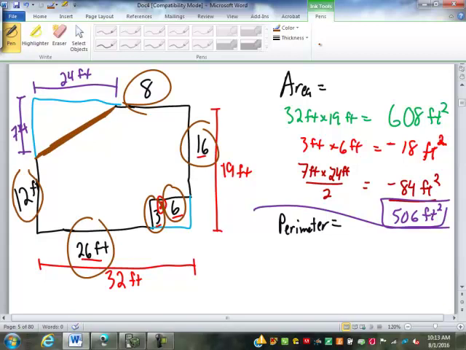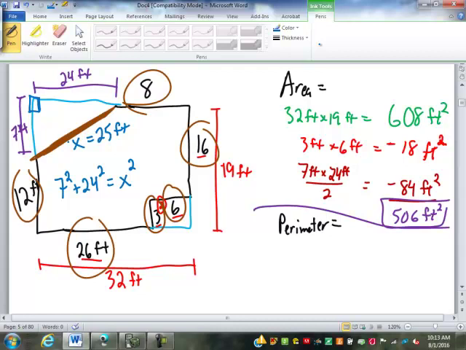But now that we've drawn in that blue triangle, we can find this length. If I call that x, this would be a right angle here. It's just going to be 7 squared plus 24 squared equals x squared. And x would come out to be 25 feet.